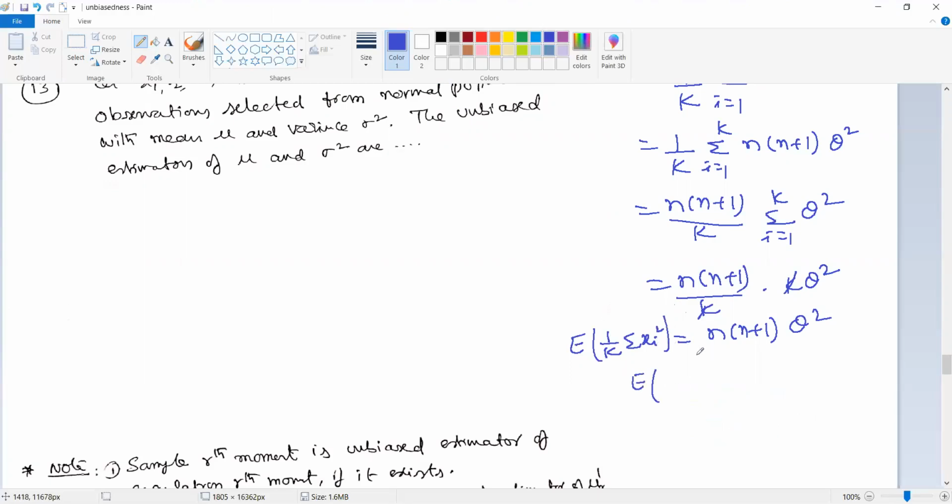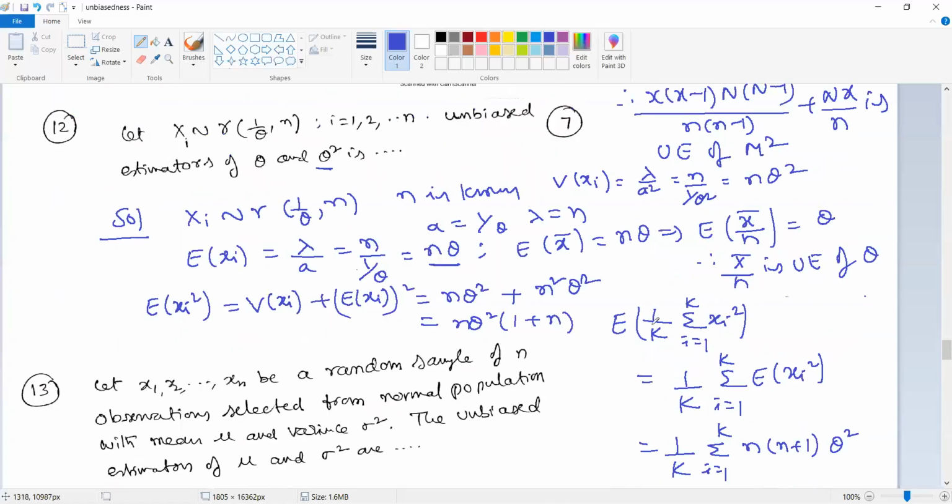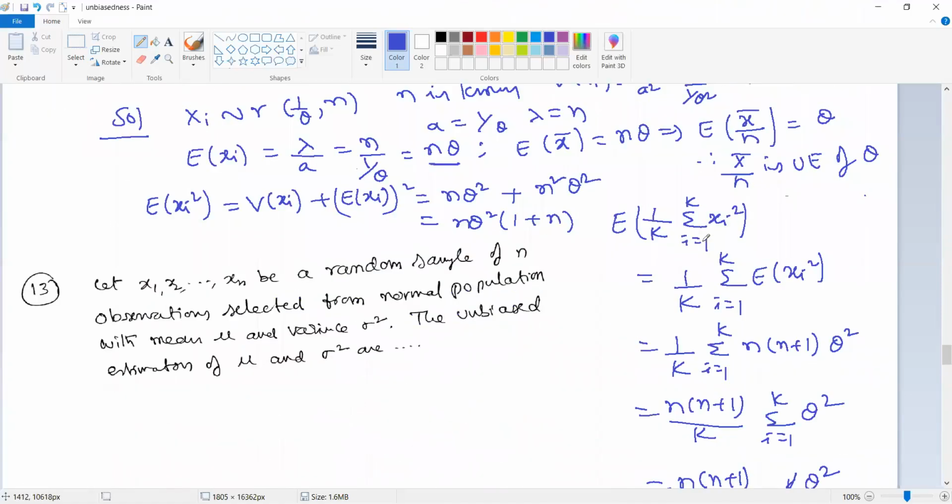Now the expectation of 1 by k summation xi square divided by n into n plus 1 is equal to theta square. Therefore, summation xi square by k samples n into n plus 1 is an unbiased estimate of theta square. Gamma distribution.